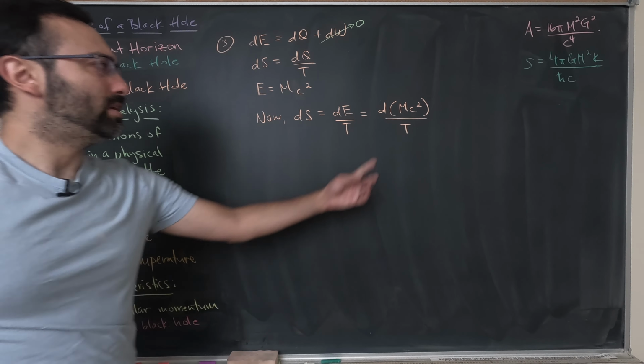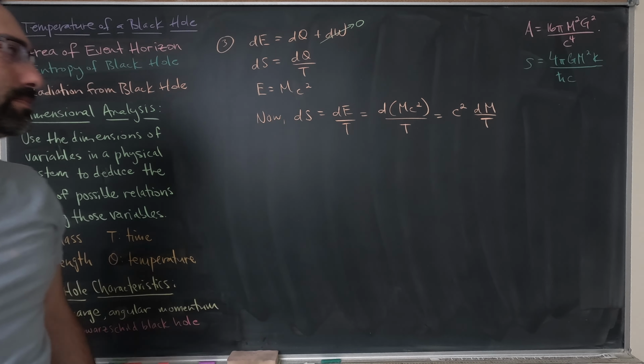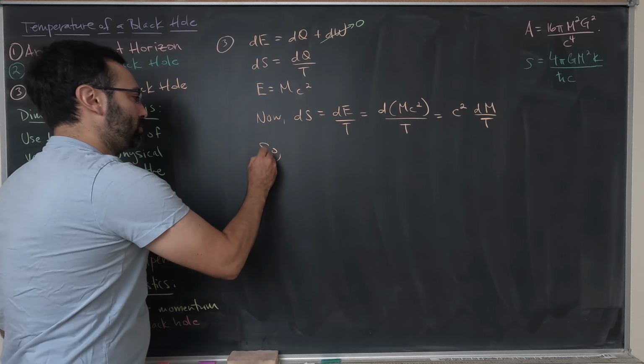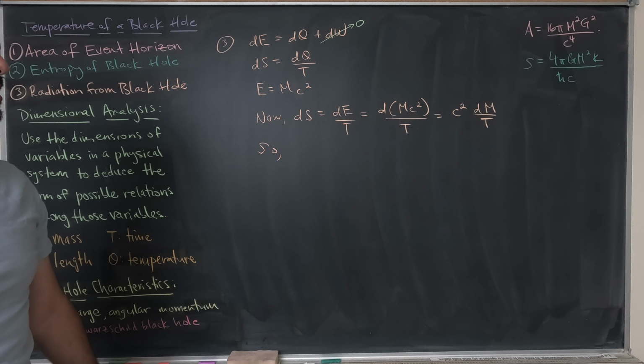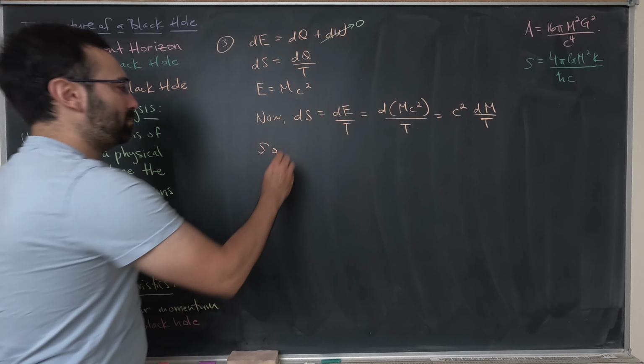Since c is a constant, we can extract that out in front. And so we have dS equals c squared times dm over T. So if we put this all together then, we can say that the black hole temperature is just T equals c squared dm by dS.